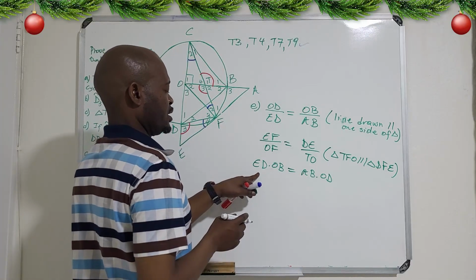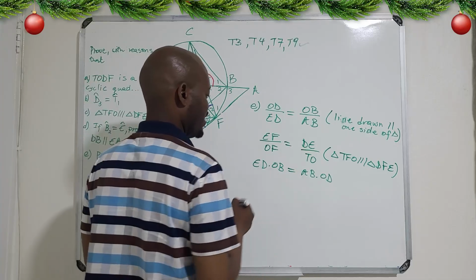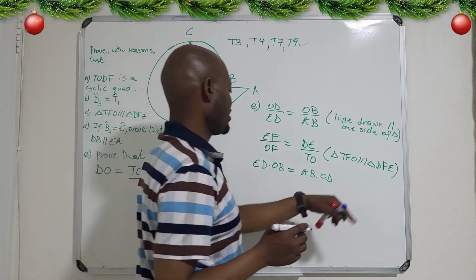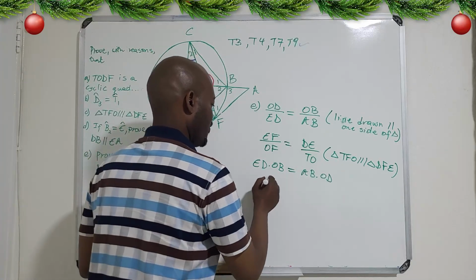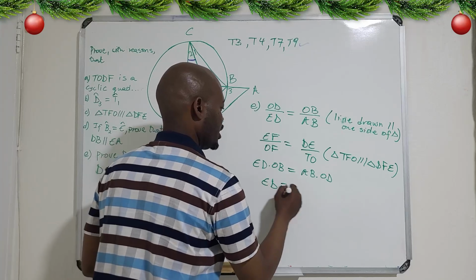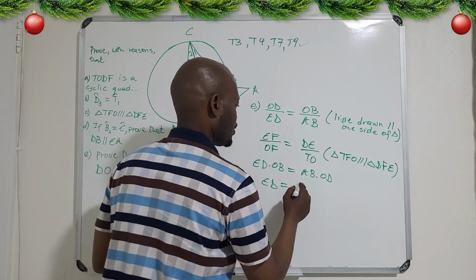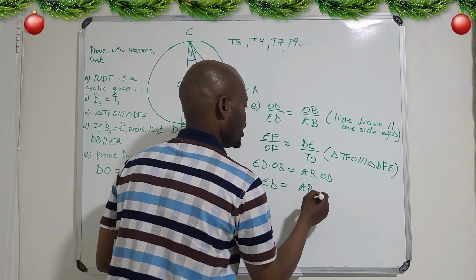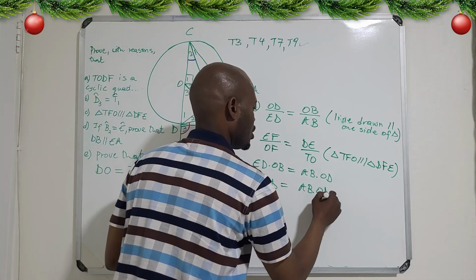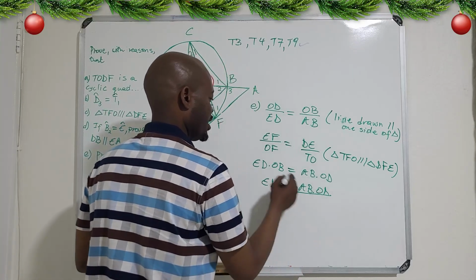So I want ED, obviously I'm going to divide by OB. Therefore, ED is equal to AB times OD divided by OB.